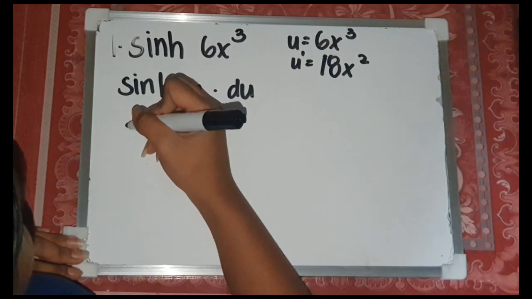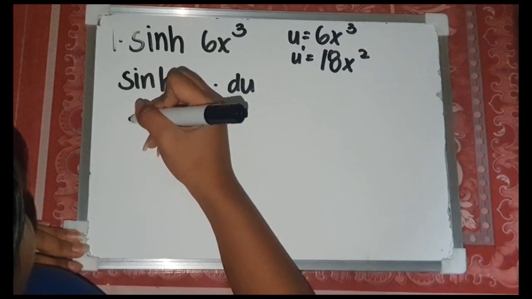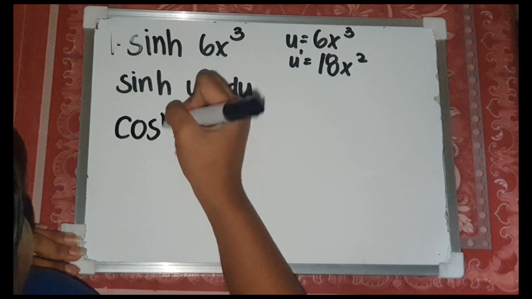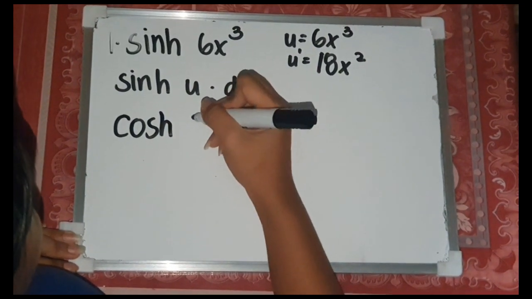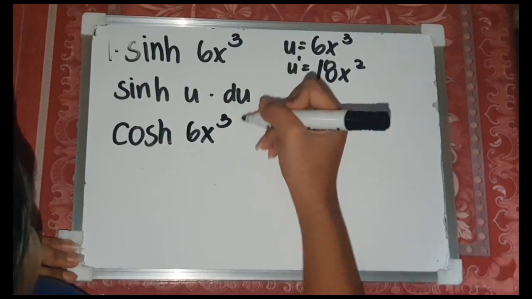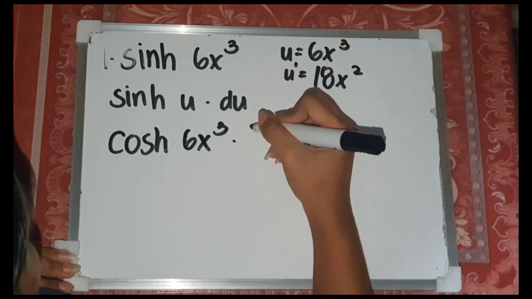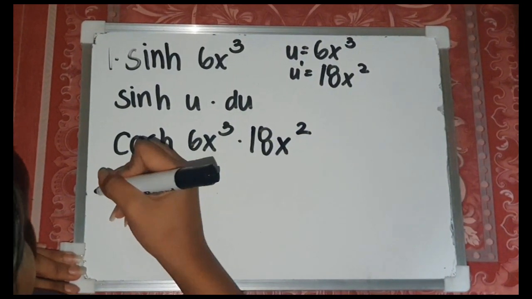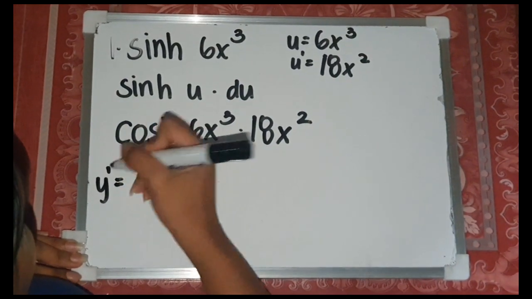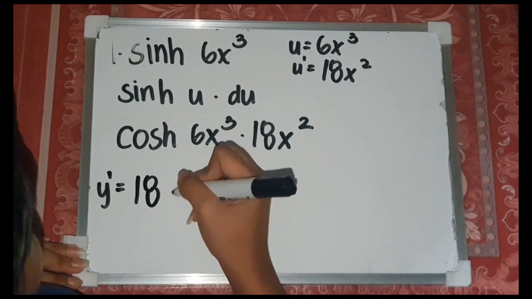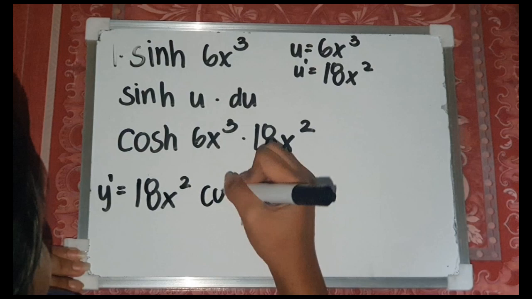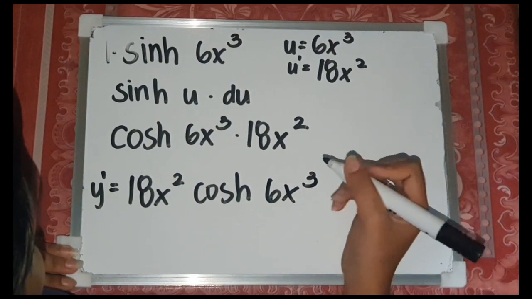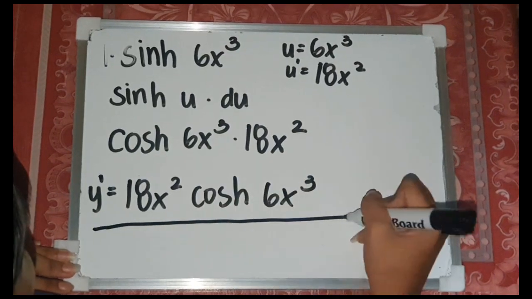The derivative of hyperbolic sine is hyperbolic cosine. The u is 6x cubed, and the derivative of u is 18x squared. Then we arrange it, and we have 18x squared hyperbolic cosine 6x cubed. So this is our first derivative.